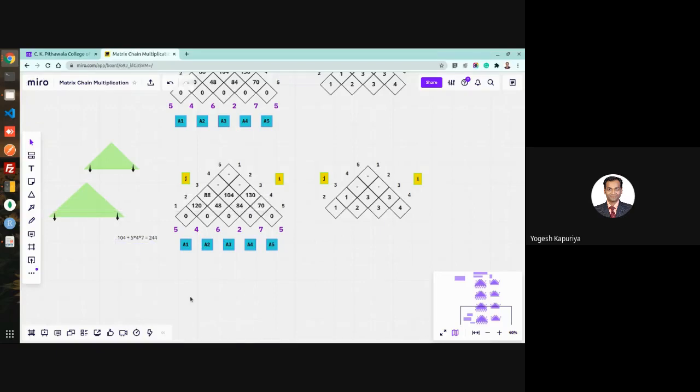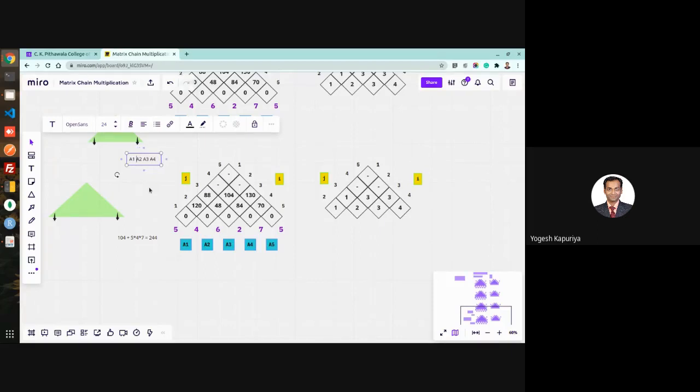Okay. Next option is you put the parenthesis after this. So you have two options now. You multiply A1, A2, that means the result of A1, A2, with the result of A3, A4. So in case of this way, you are interested in multiplying A1, A2, A3 and A4.